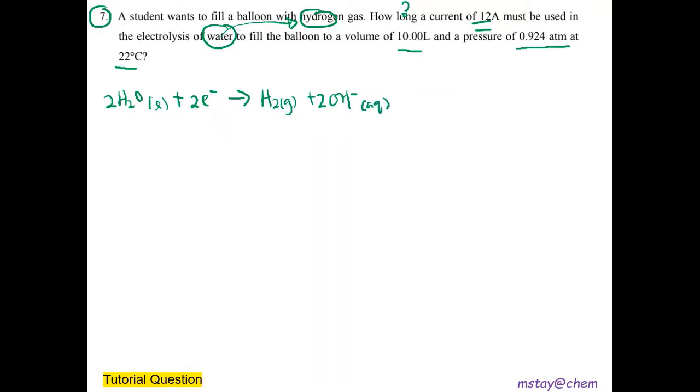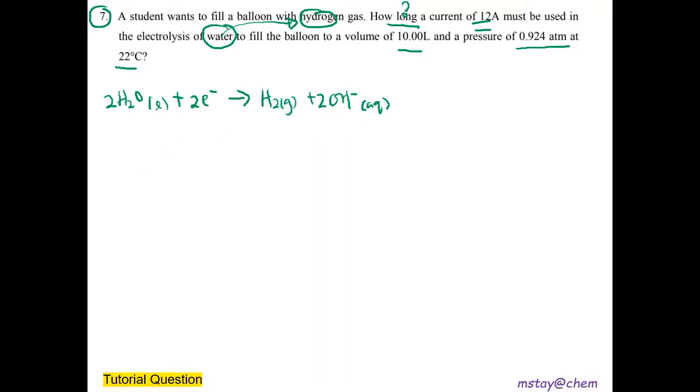Okay, then next, normally after we write the half equation, we calculate Q equal to It. But this time, how long refers to the time, meaning the question asks us to calculate the time. The electric current is 12 ampere, but without the time we are unable to calculate Q. So we are going to ignore this part first, because one formula has 2 unknowns.